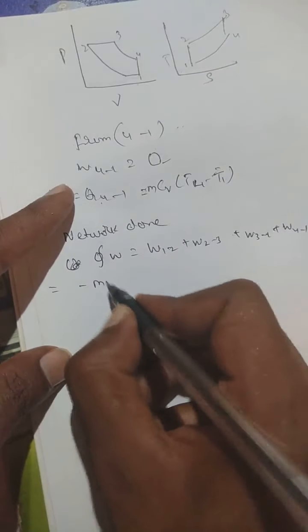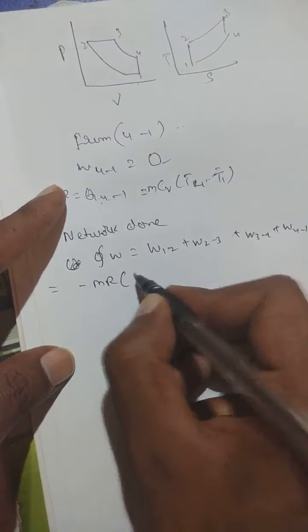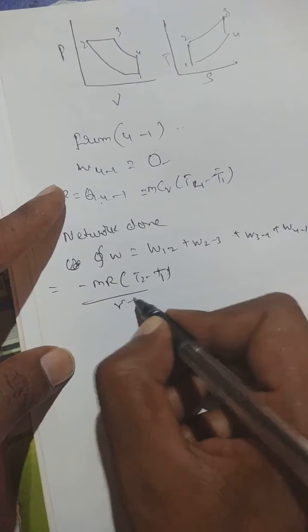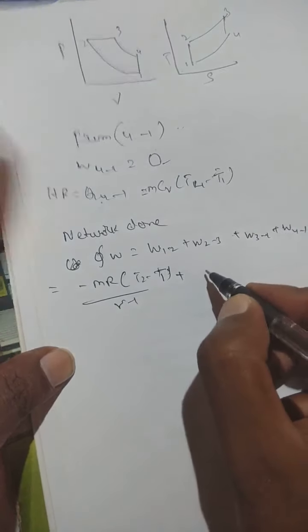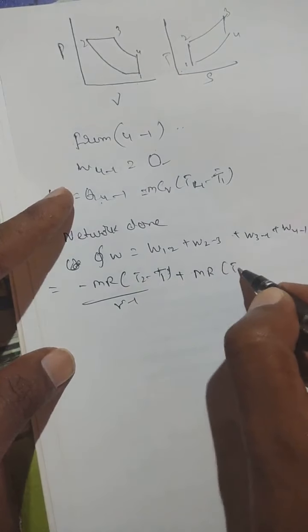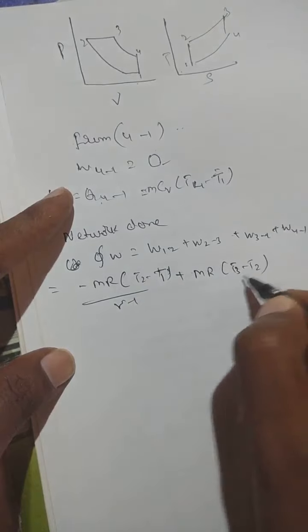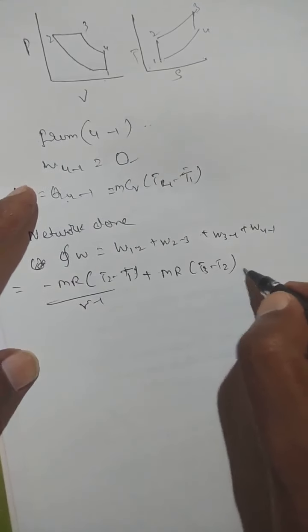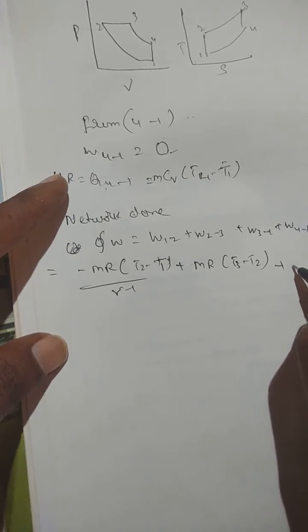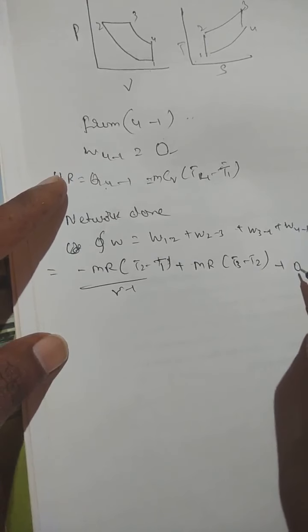MR into T2 minus T1 divided by gamma minus 1, plus what is the work done for process 2 to 3? MR into T3 minus T2.